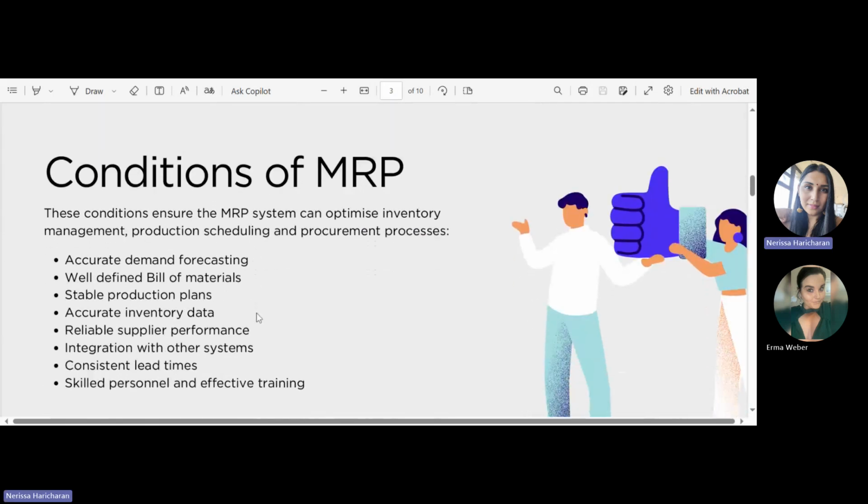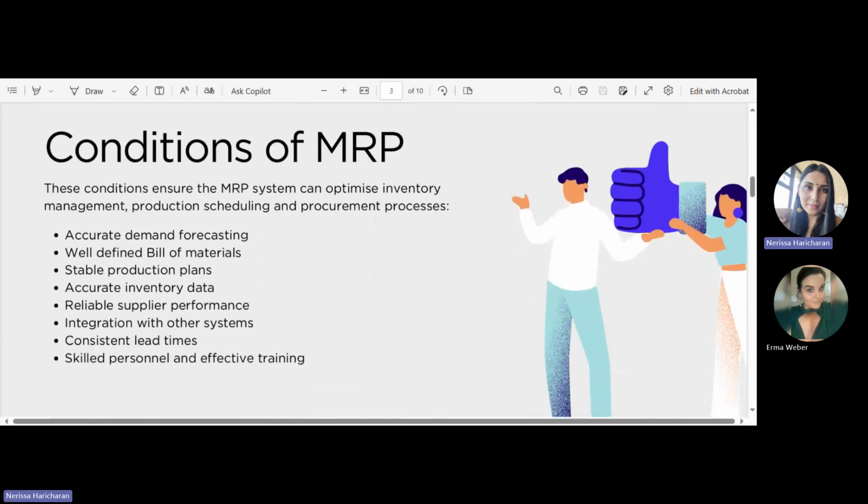Then we move on to the basic conditions of MRP. MRP basically functions effectively as a system that has several conditions, whether it's optimizing inventory, production scheduling, or a specific procurement process.